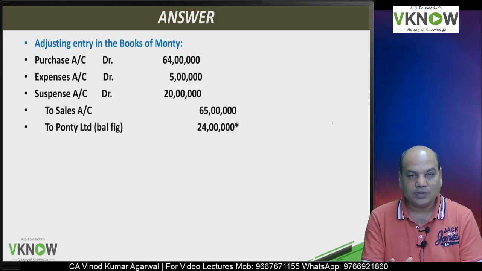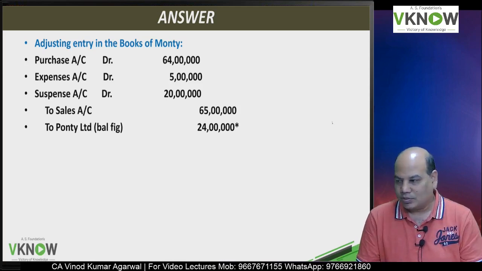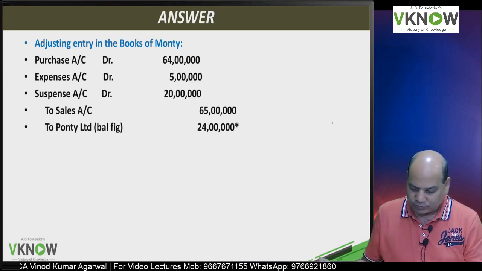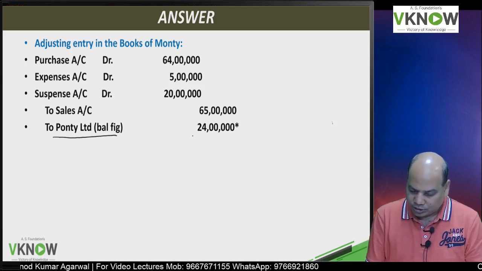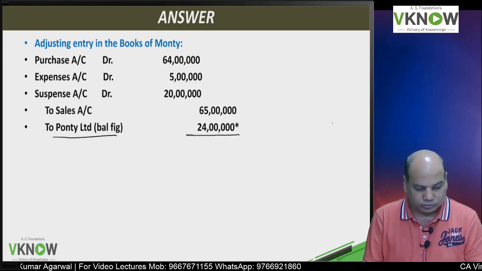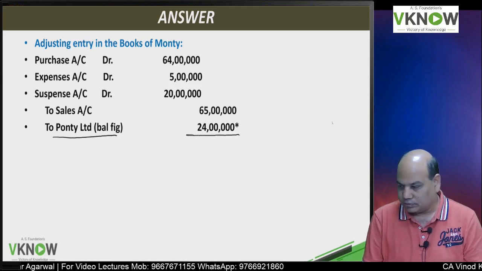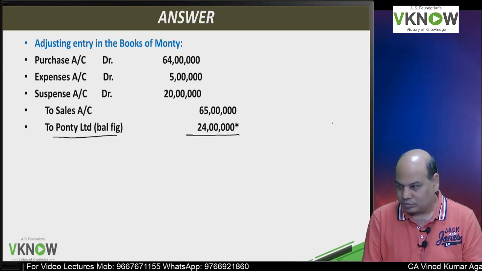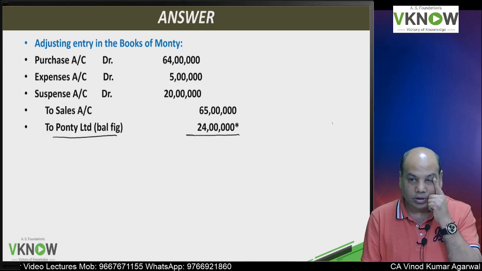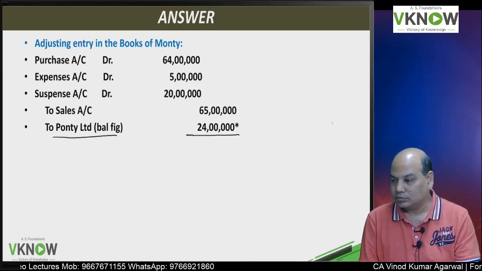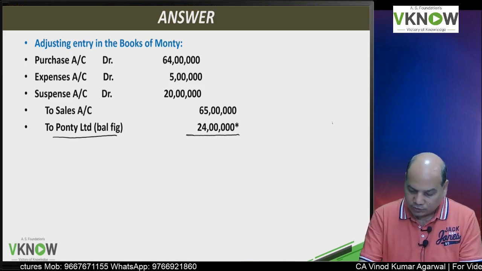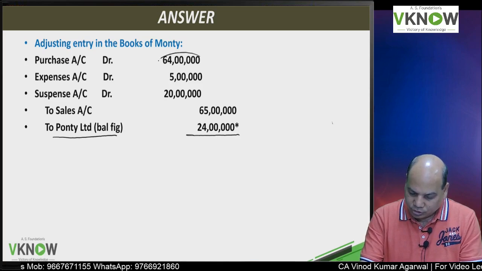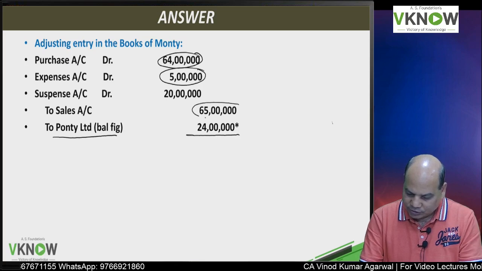And the balancing figure is amount payable to Monty Limited, 24 lakh. The net amount payable to Monty Limited is 24 lakhs, right? Automatically what will happen? You are going to record purchase, expense and sales.